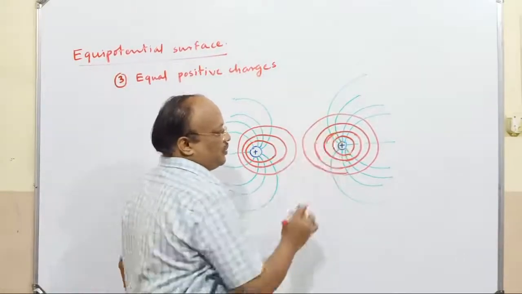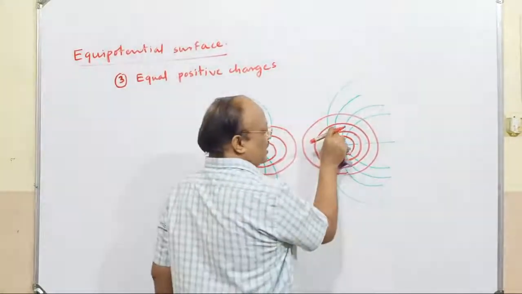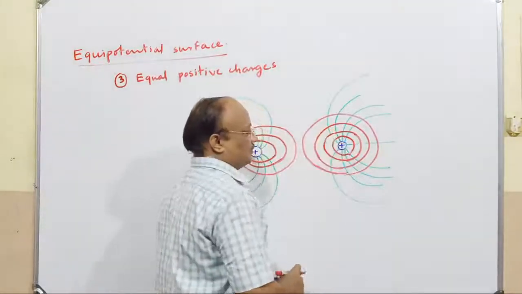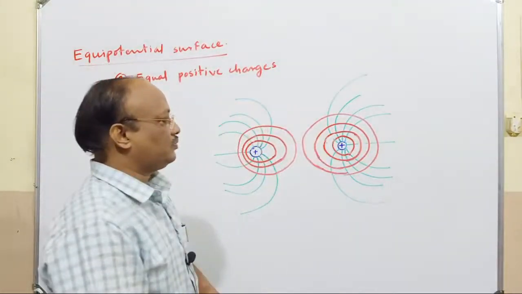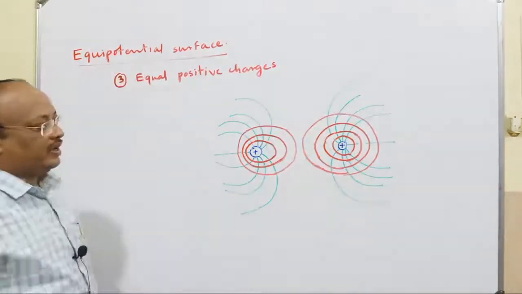So this will be our equipotential surface. For two equal positive charges, it will be in this way.